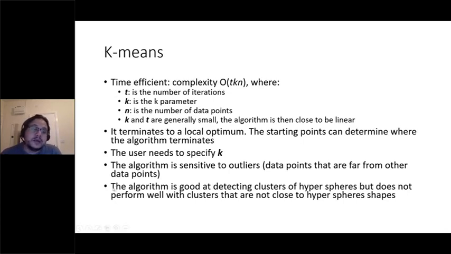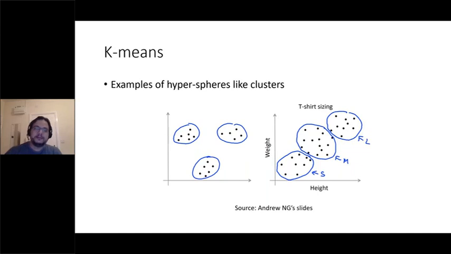And one of the characteristics of this algorithm is that it is good at detecting clusters of hyperspheres. What does it mean? This is what a hypersphere looks like. The clusters that k-means is going to find will have a shape like this.